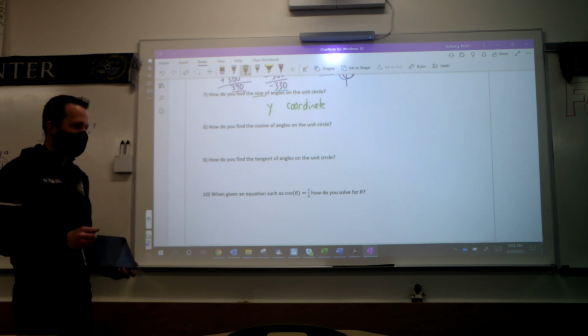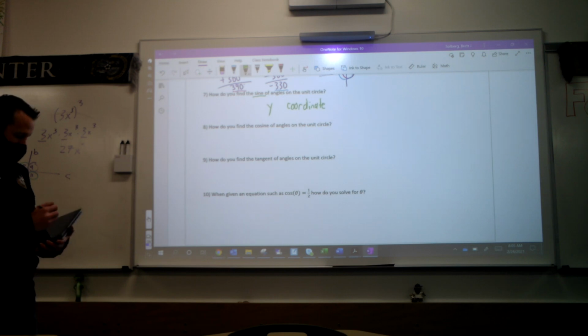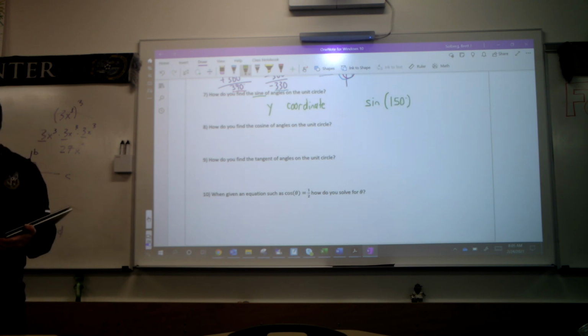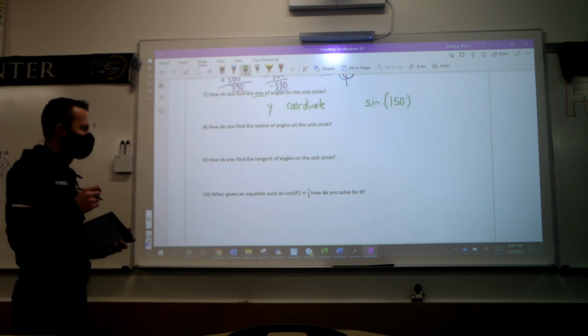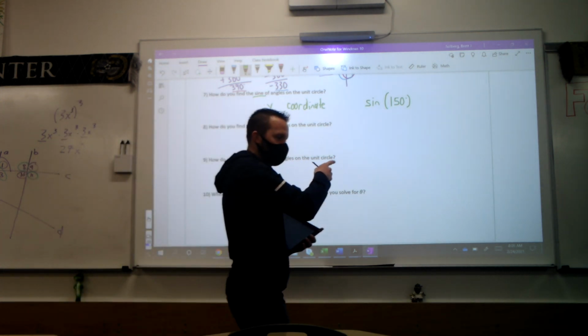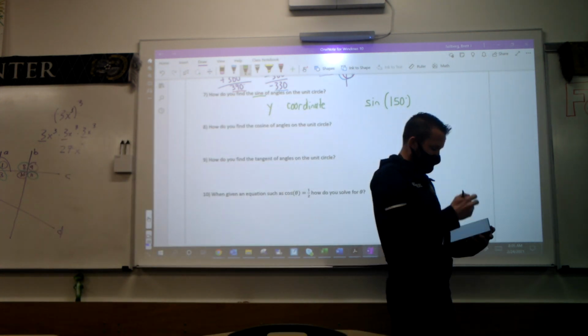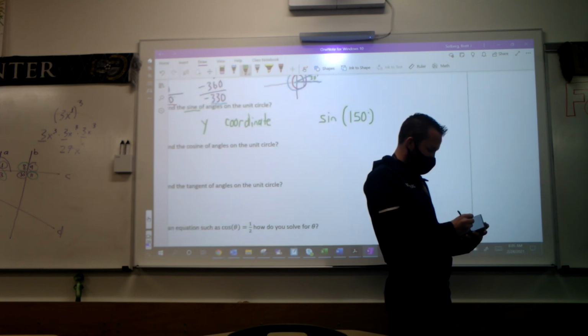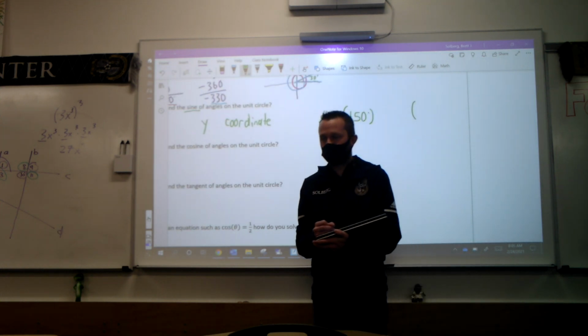on the unit circle. So for example, if you had a question that said, what is the sine of 150 degrees? Let's do that together. Look at your unit circle and go find where 150 degrees is. When you look at 150, it's going to have 2 coordinates, right? What are the coordinates at 150? Give me the x one first.